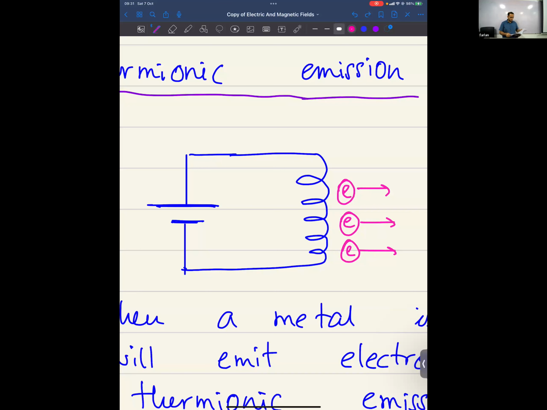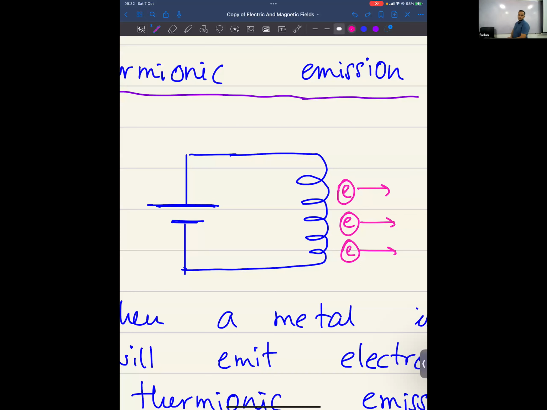And just show that electrons are emitted. Because the word itself suggests it: thermionic emission.